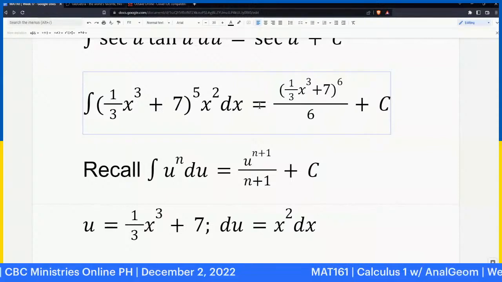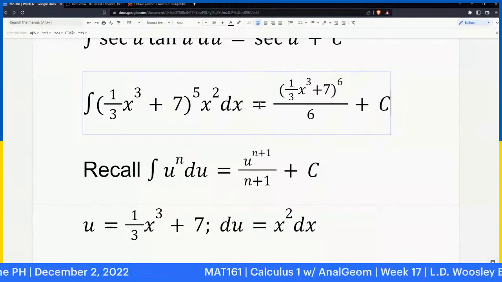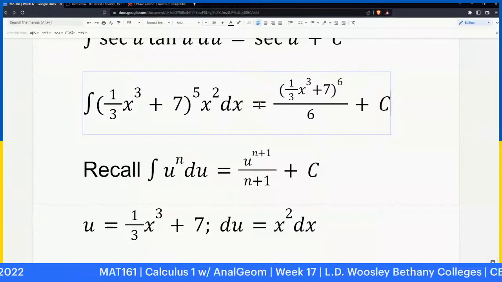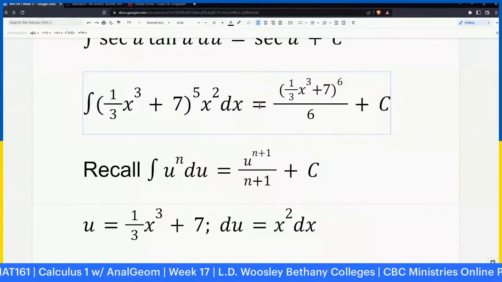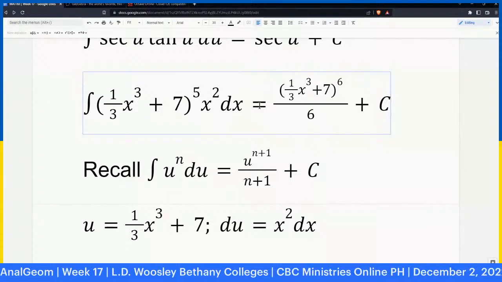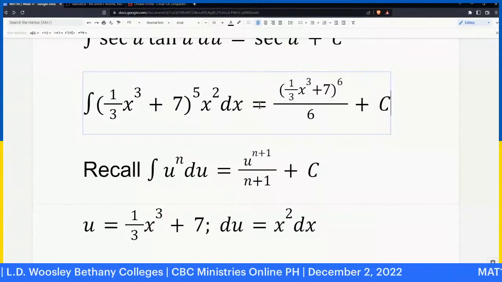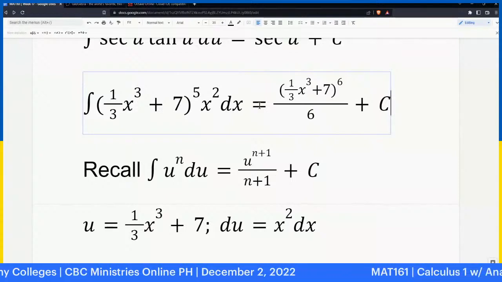So that's the answer. If you just utilize u, if you could isolate u, solve for du. If du is present, then you satisfy the equation. Right?